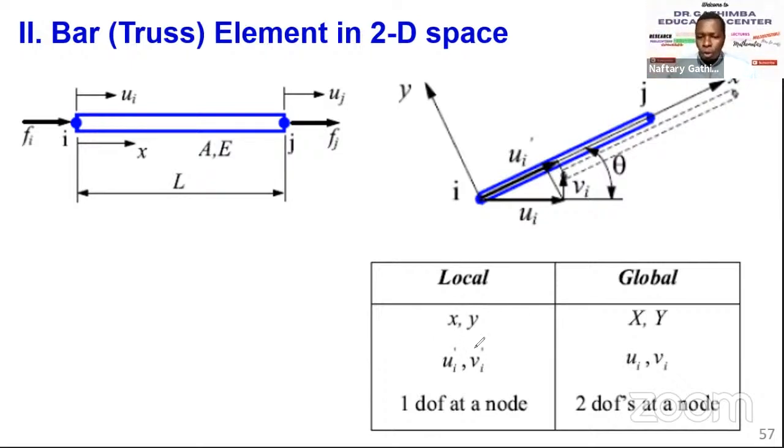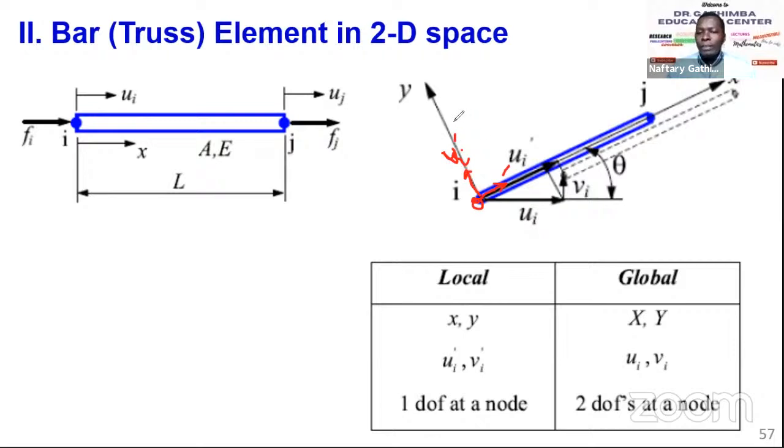So u prime, u_i prime, is the displacement along the axis of the bar member. That's the displacement like that at this node i. Same case, we assume that we can have v_i at this node, the vertical displacement here.